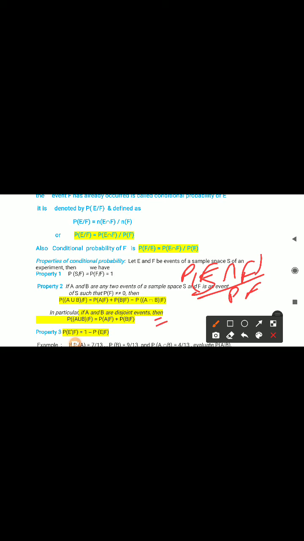But P(S intersection F) will be P(F), and that will be P(F) upon P(F), so the result will be 1. Thus we say that P(S|F) is equal to 1.